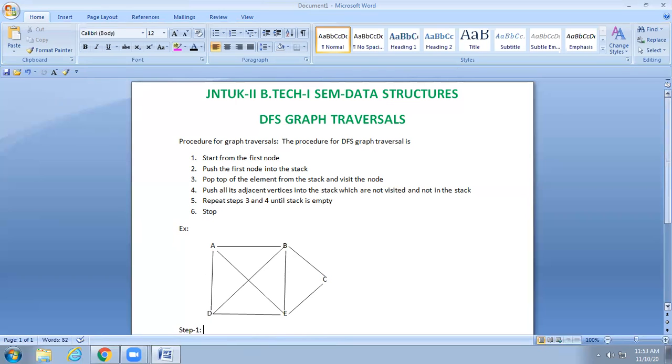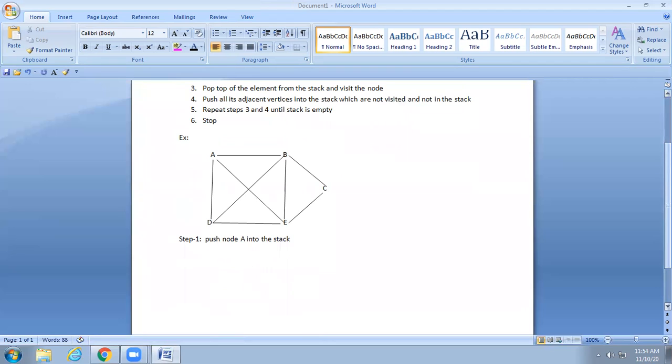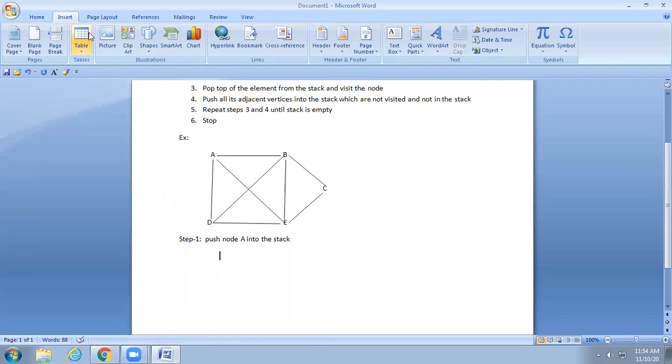Step 1. Push node A into the stack. I will assume A is the first node. After pushing the first node into the stack, the stack looks like this.